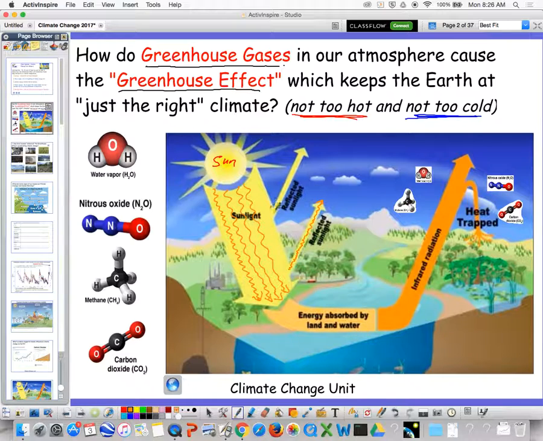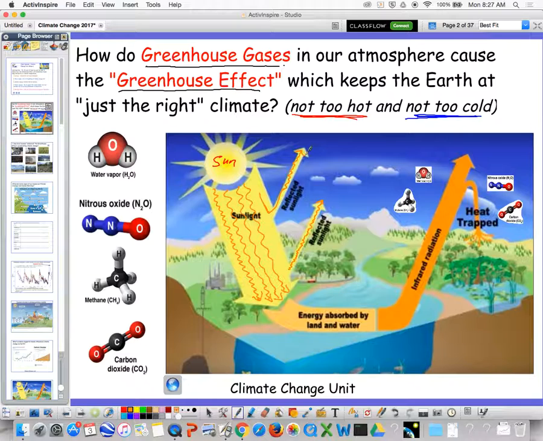There are also gases and solid particles in the atmosphere that are also reflecting some of that solar radiation back off into space. So that's one way that our planet is kept cool. You can think of the glaciers in Antarctica and Greenland, snow cover, the sea ice in the Arctic. Those all play a factor in keeping our planet cool.